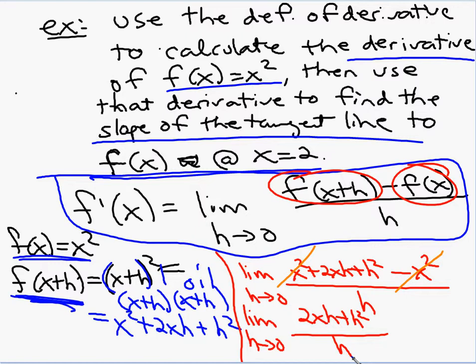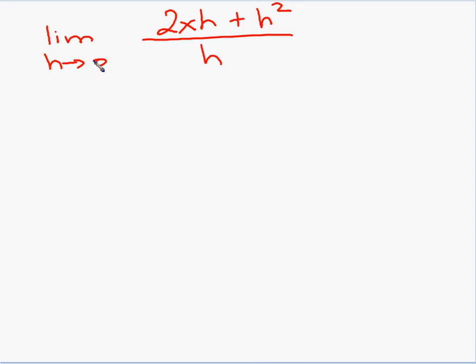So I'm going to go to a new screen. 2xh plus h squared all over h. And this is the limit as h approaches 0. So let's do some factoring on top. Okay, on top I've got an h that I can pull out. So I have h times the quantity, 2x plus h, all over h.